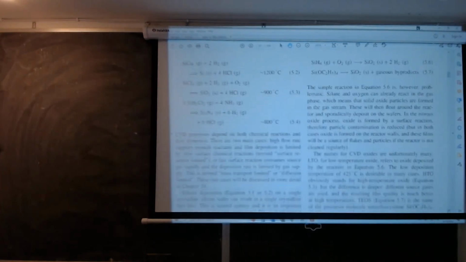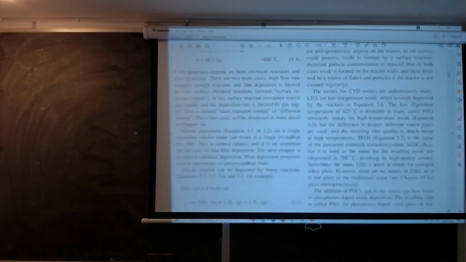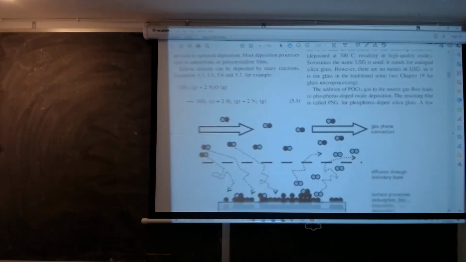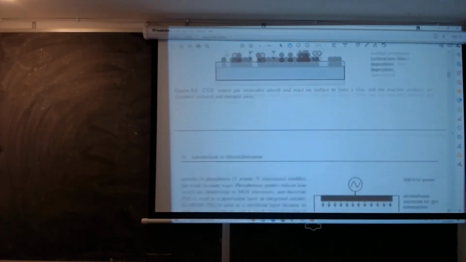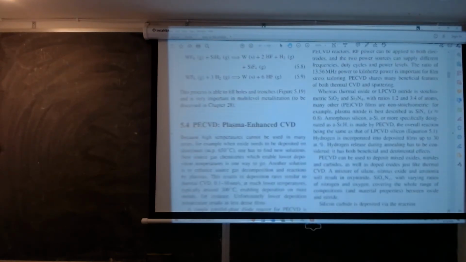It's where you're relying upon thermal energy alone. He doesn't cover it here. Maybe I missed it. In any event, there's what's called LPCVD.